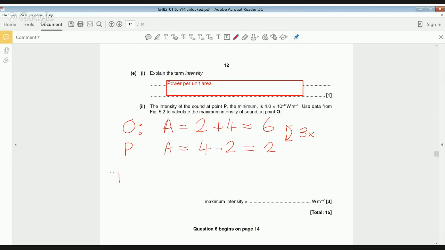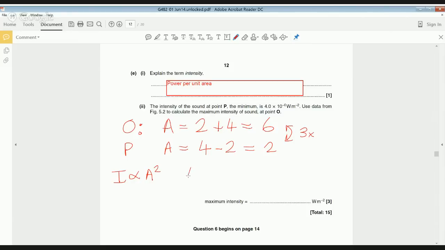However, intensity is proportional to amplitude squared. So the ratio between the intensity at point O and the intensity at point P will not be 3 times, it will be 3 squared, or 9 times.